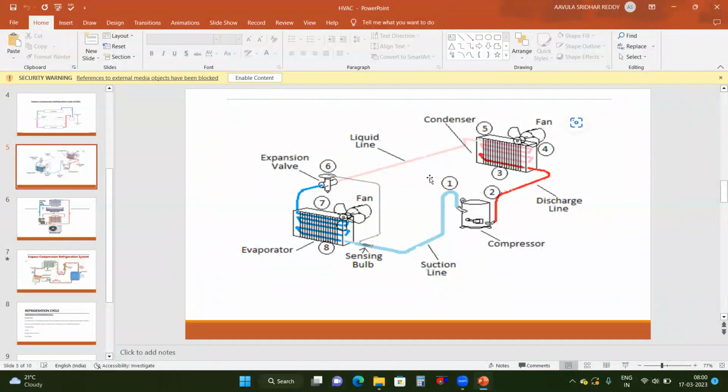The heat is rejected, but the temperature and pressure of this gas are still at a high point. After exiting the condenser it goes to the expansion valve. After the compressor it has high temperature and high pressure, but the state is gaseous.